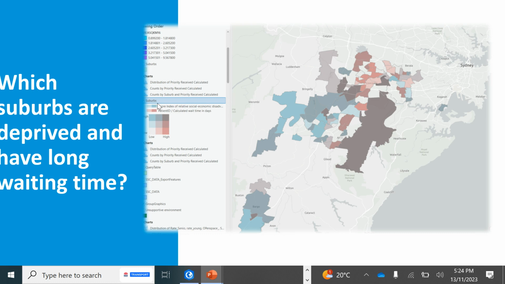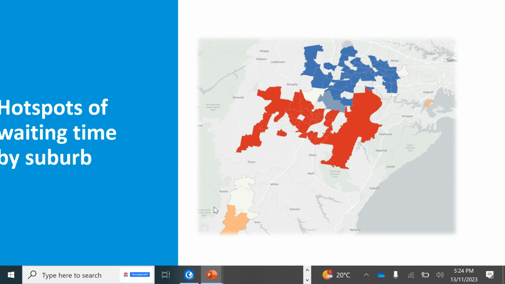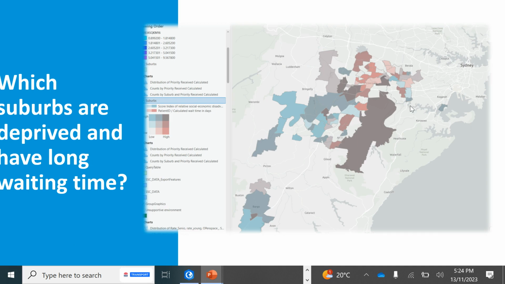The darker shaded color, I guess, means the more deprived, and the shaded color here, the red or brownish, means the more time waiting on average. So we're looking at a couple of these areas here. Let me use my pen maybe. So that was a very, very useful output.